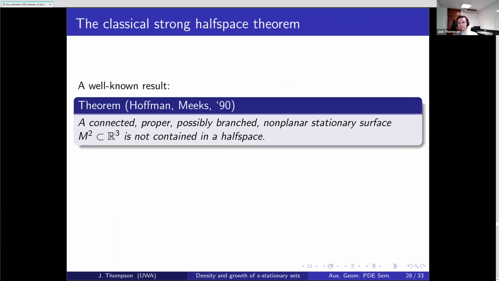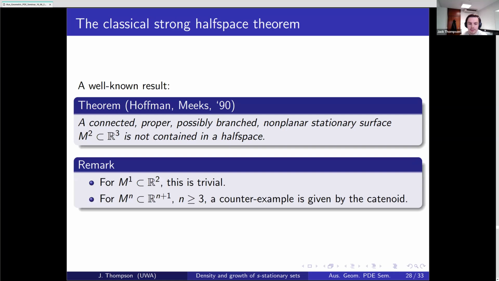Okay. So the final part is the half space theorem. And the motivation for this is a classical result of Hoffman and Meeks that says if I have a connected, proper, possibly branched, non-planar stationary surface, so zero mean curvature, M^2 in R^3, then it's not contained in a half space.